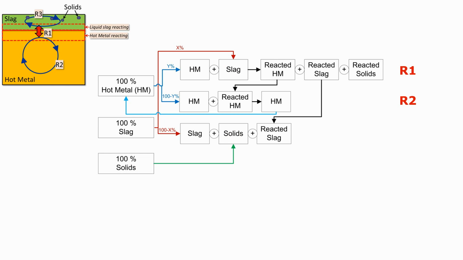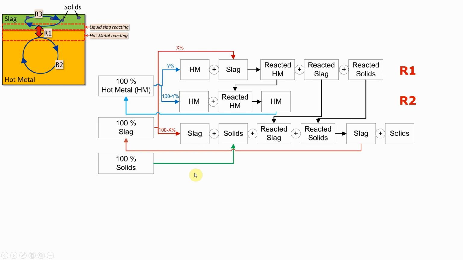And we homogenize them with the reacted liquid slag, all of it, going back to this reaction 3. And the reacted solids will go also there. So we homogenize together all these 4 phases, and then we obtain a new liquid slag and a new solids. And these liquid slag and new solids will replace basically the bulk liquid slag and the bulk solids at the next time step. So this is reaction 3.